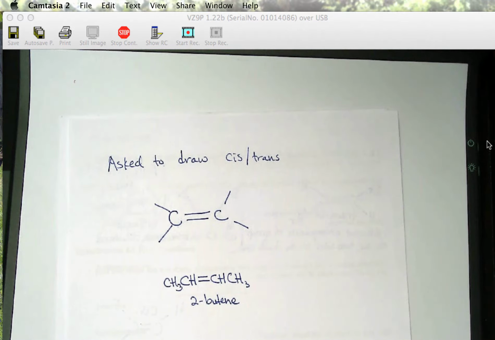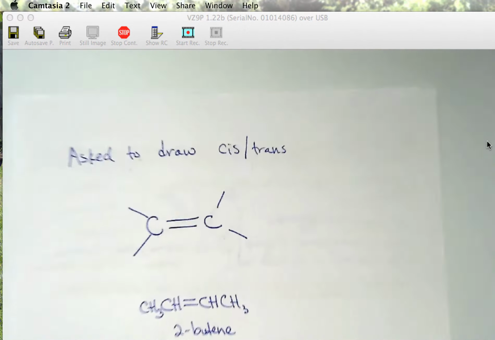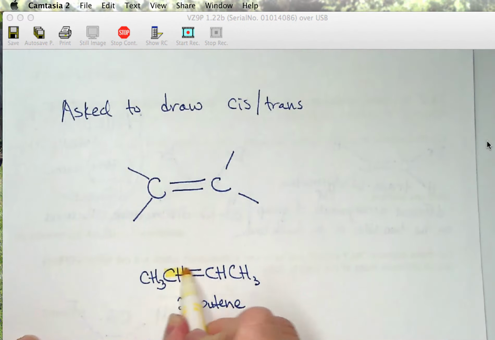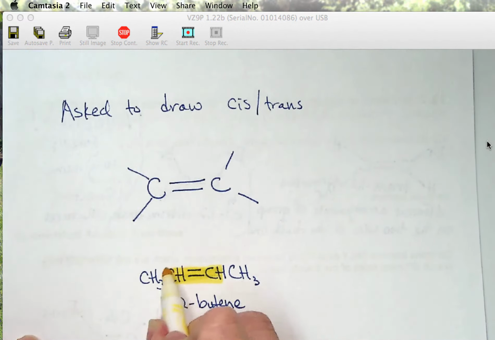In order to show that, you zoom in on this bond right there and figure out what's attached to those carbons in the double bond.